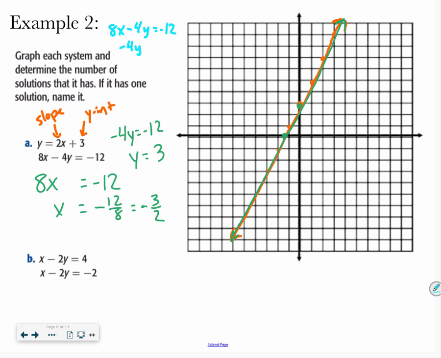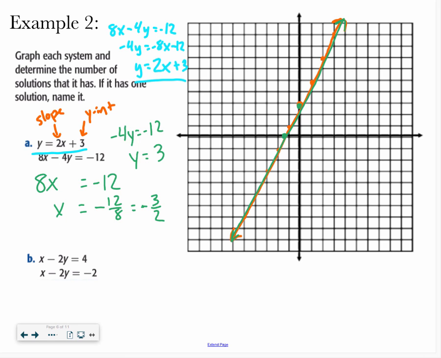Negative 4y equals negative 8x minus 12. Y equals 2x plus 3. So you can see if I would have solved it for y, I would see I have the same exact problem, okay? So that means that this graph has infinitely many solutions, okay?